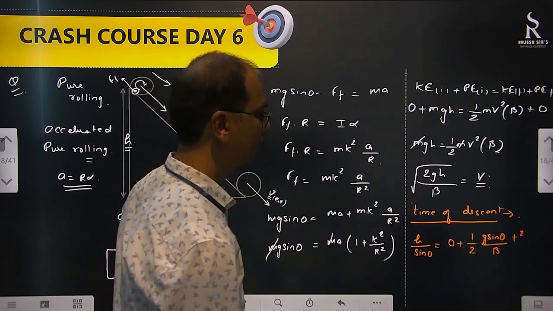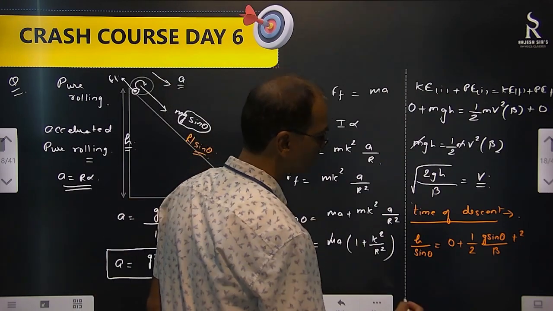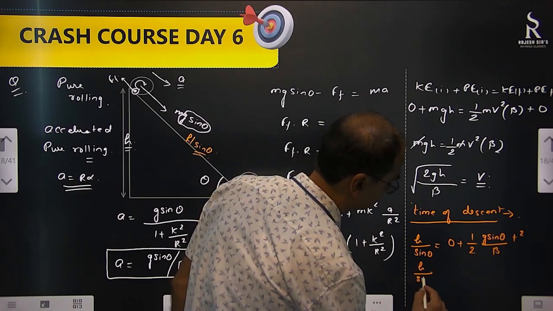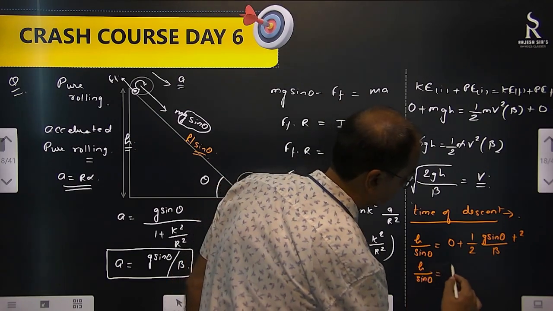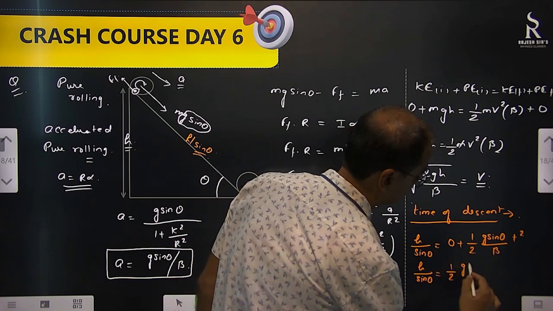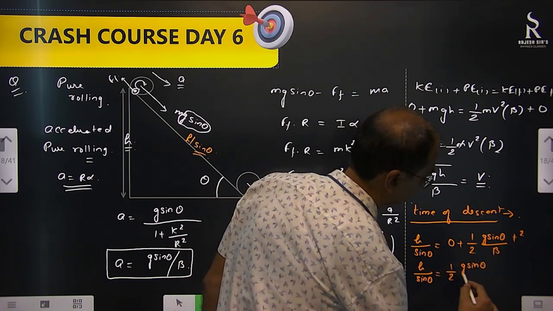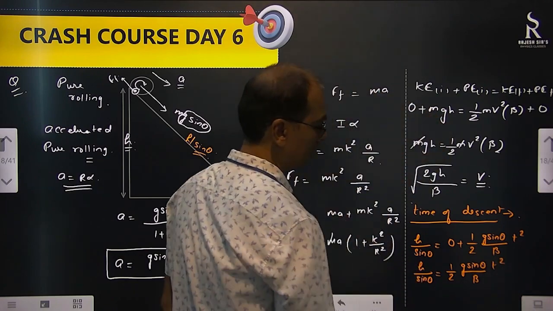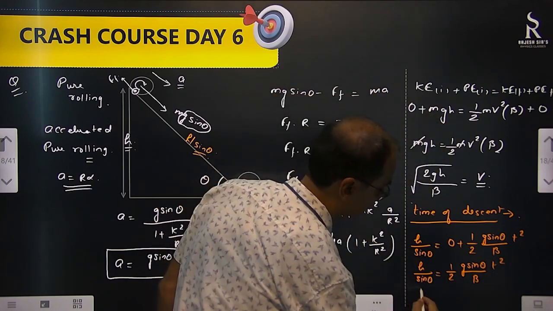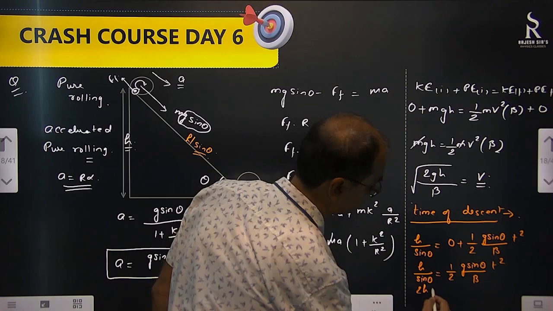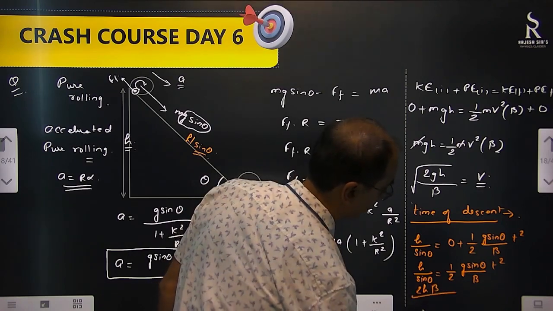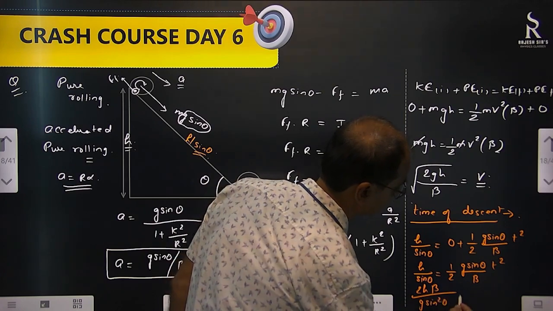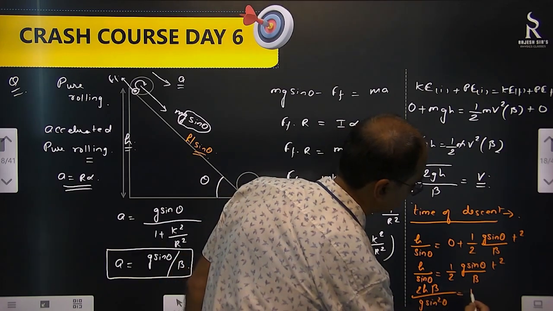So what are we getting? T square I want, so h by sin theta equals half g sin theta by beta into t square. So this goes 2h beta by g sin square theta equals t square.